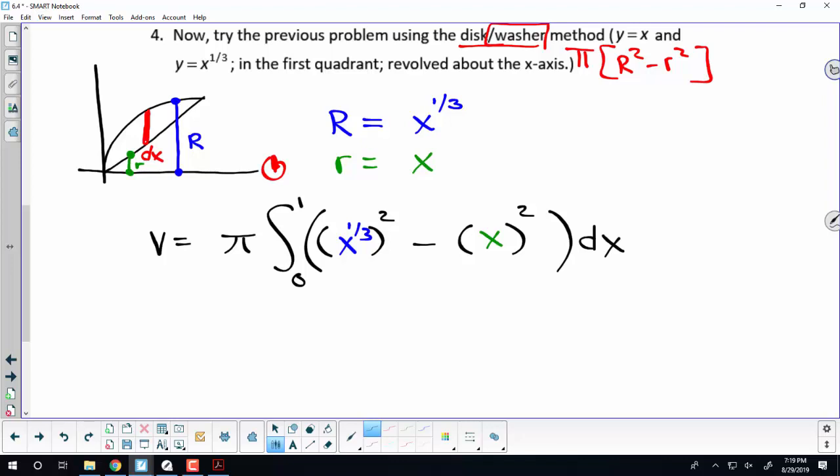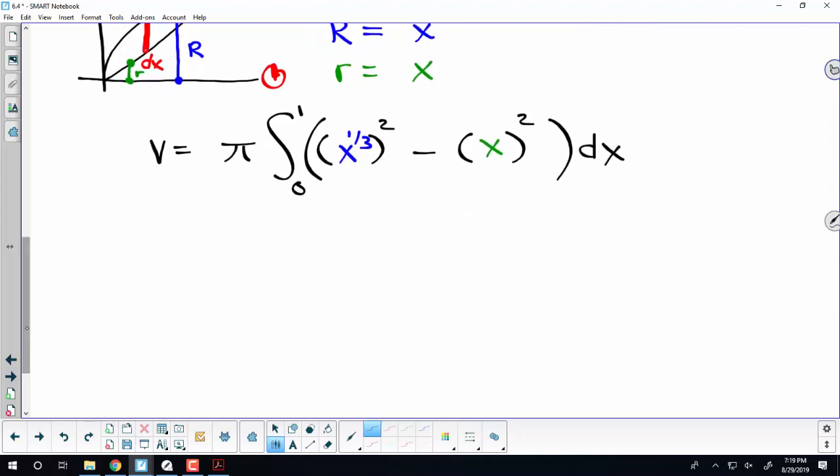It looks totally different. Both of these are still measuring the same volume. It's different methods. So here we have pi times the integral of x to the 2/3 minus x squared.